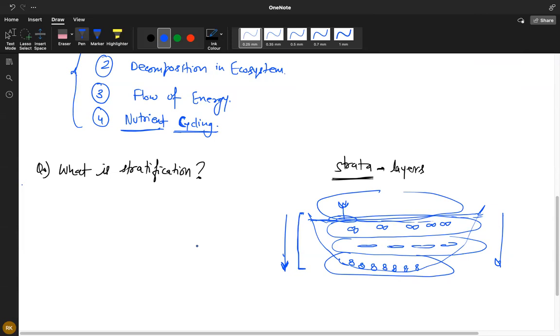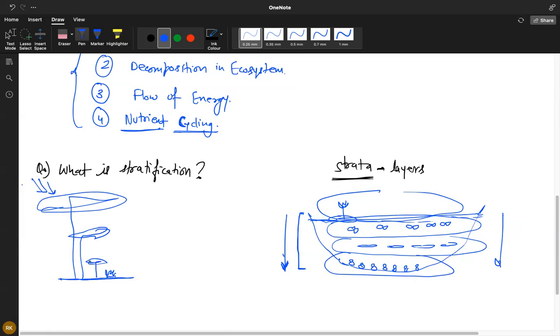And also, everyone wants to get something out of that competition. So you will see some trees are very big with canopies, but then there are some trees which are smaller with less canopies. Some are even smaller. And then there are grasses, right? Large trees, small trees, shrubs and herbs, and the grasses. Yes, this is the forest floor. So most of the sunlight will be taken by them, right?